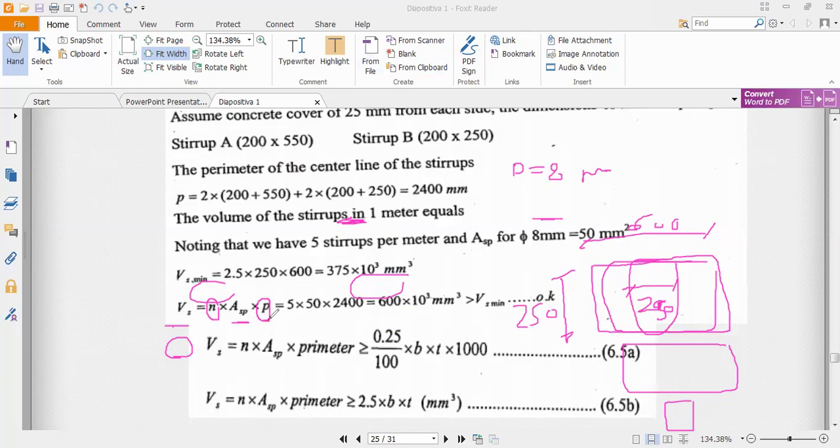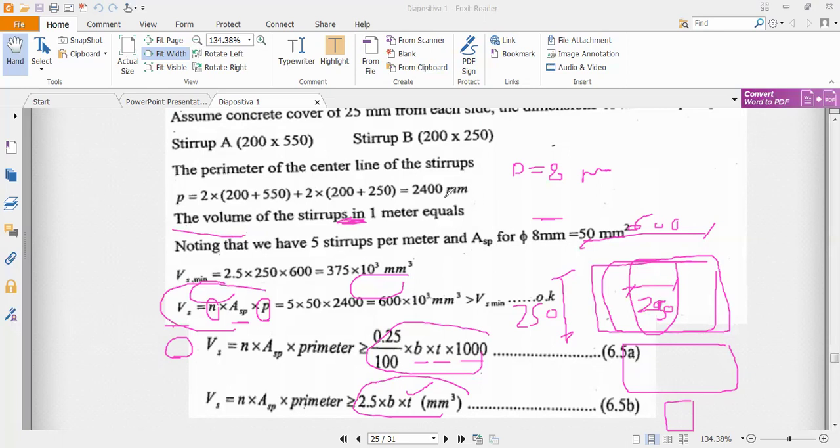This volume is bigger than 0.25%, multiply P, multiply T, multiply 1000. You should maintain this value.